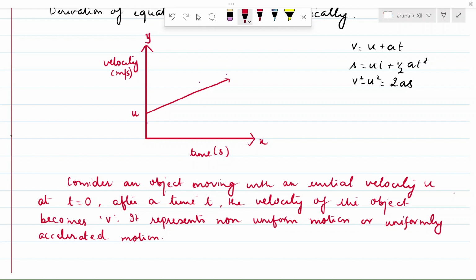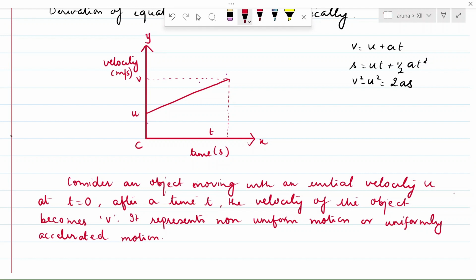After a time t, which we will show on the x-axis, the velocity of the object is v.